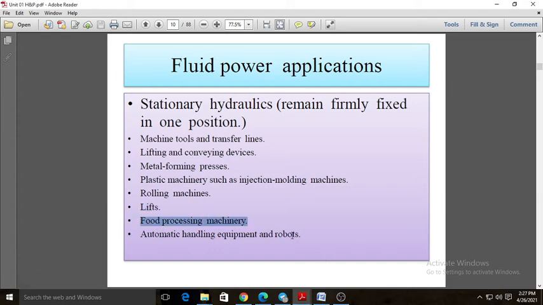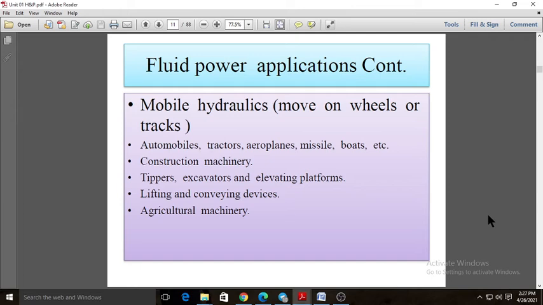food processing machineries also have applications of pneumatics and hydraulics. Then automatic handling equipment and robots use this system. The automobiles, tractors, aeroplanes, missiles, boats, etc. You are very much familiar with pneumatic brakes.